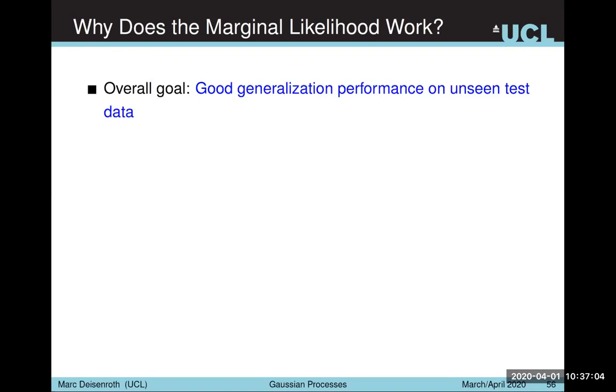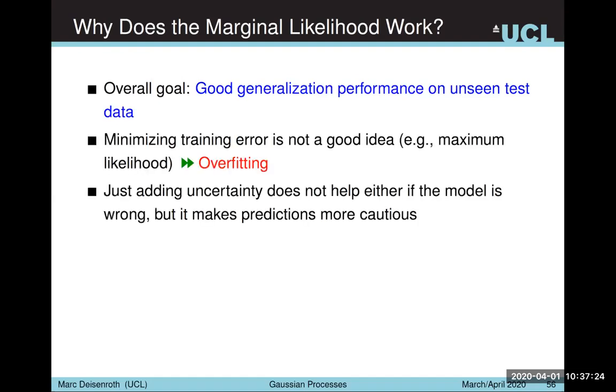We looked at the log predictive density on test data to motivate using some sort of model selection. But the marginal likelihood doesn't actually know anything about test data, and it seems to be working relatively fine. We also saw on Monday that just looking at the training error is not a good idea, because we end up in overfitting situations if we do maximum likelihood.